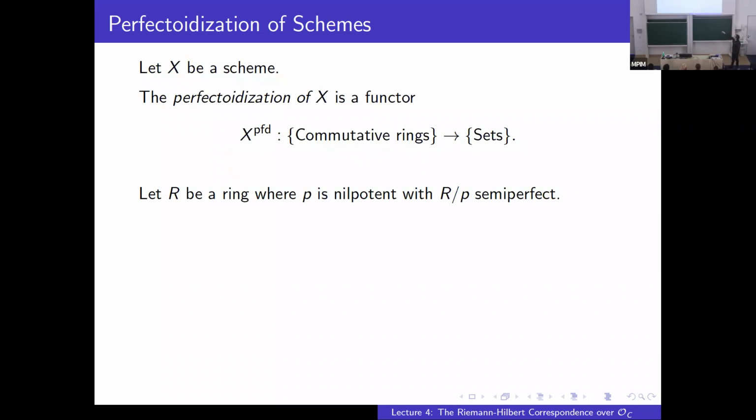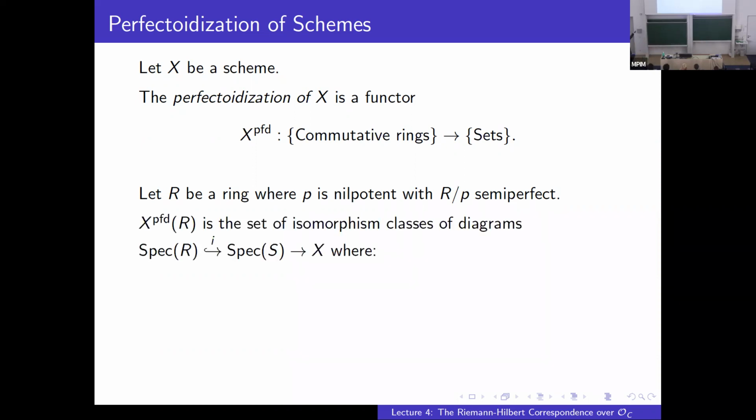So let's say R is a commutative ring where p is nilpotent and R mod p is semi-perfect. So every element of R mod p is a pth power. And then I'll tell you what this set is.